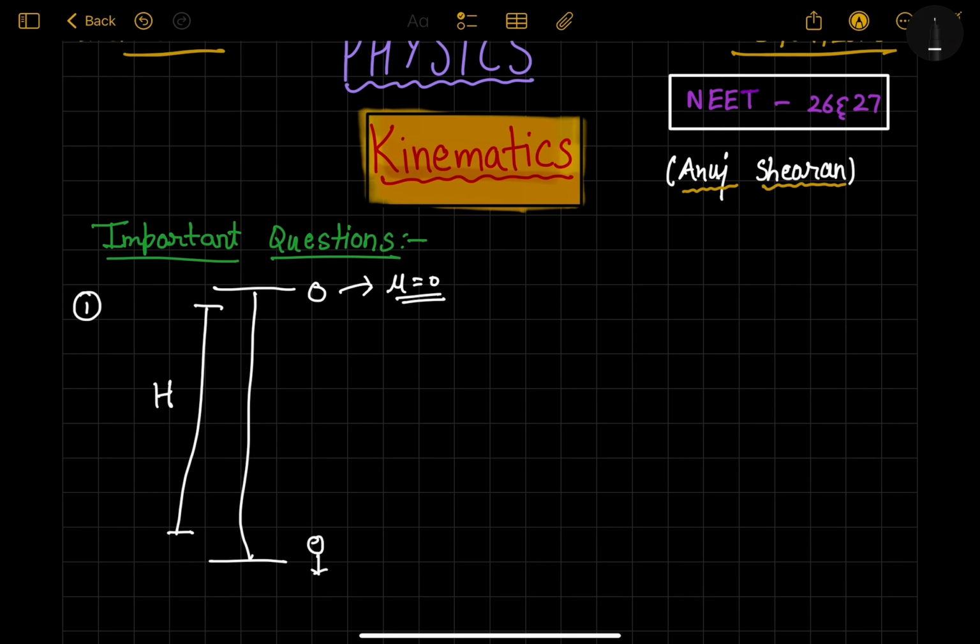If a body is dropped from a height h, the initial velocity should be taken as 0, and its final velocity v is given by the formula root 2gh. Remember that this is only applicable when it's dropped, so the initial velocity will be 0.